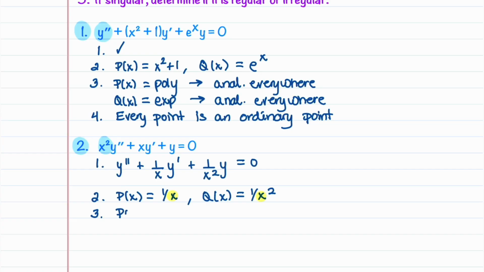So let's say that p of x and q of x are not analytic at x is equal to 0. And because of this, x is equal to 0 is a singular point.